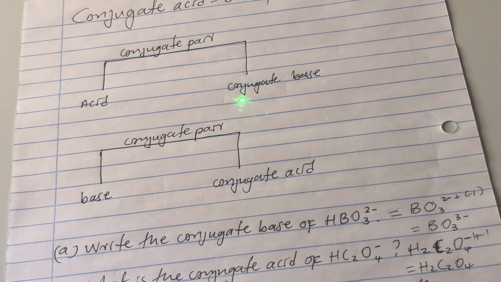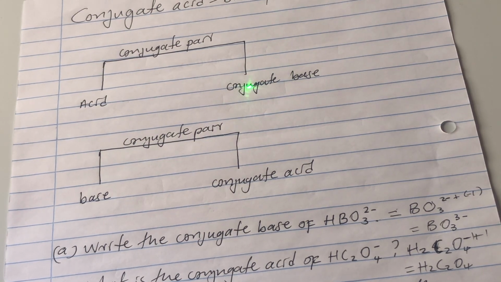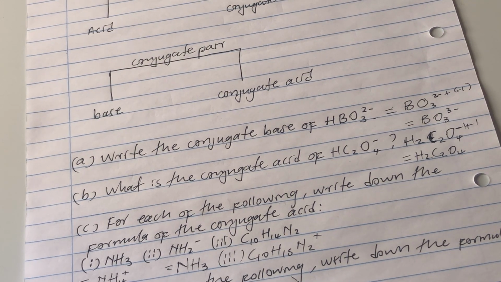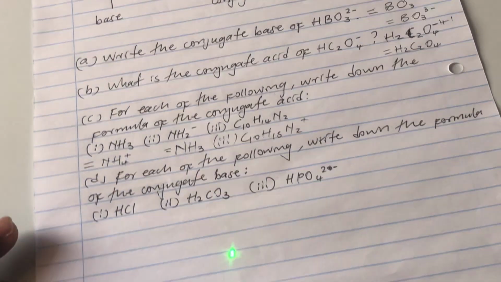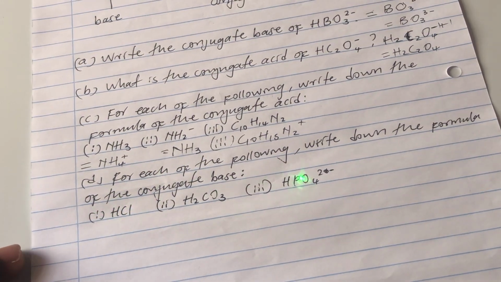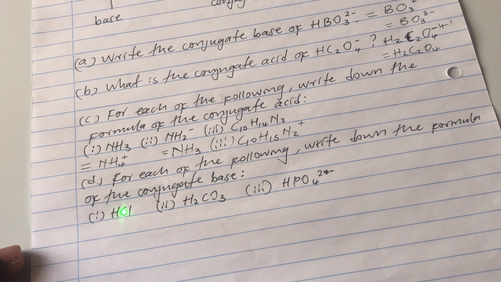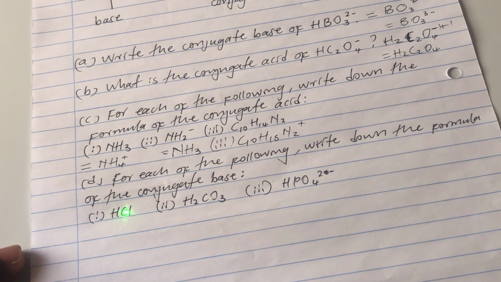What we are given here are acids, and we are required to write the formula of the conjugate base. What will happen to these acids to get a conjugate base? They must give away protons. Protons must be given away by these acids so that they will become conjugate bases.